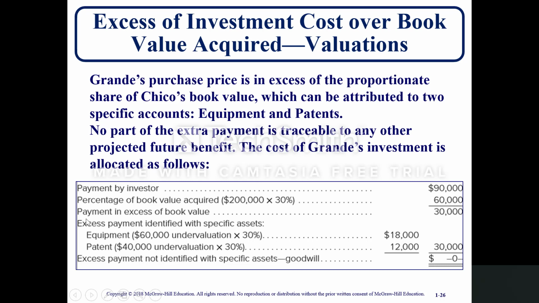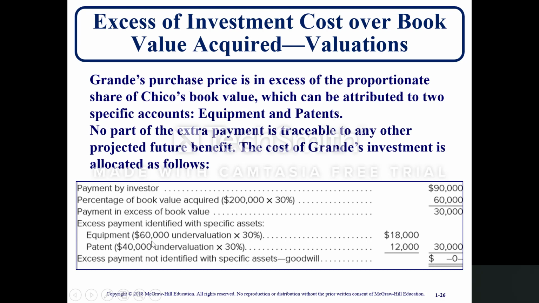So this little schedule shows how they compute the payment by the investor, which was $90,000. The percentage of the book value acquired: the original cost was $200,000, and they purchased 30%, so that's $60,000. The payment in excess of the book value was $30,000. The excess payment is identified with specific assets.